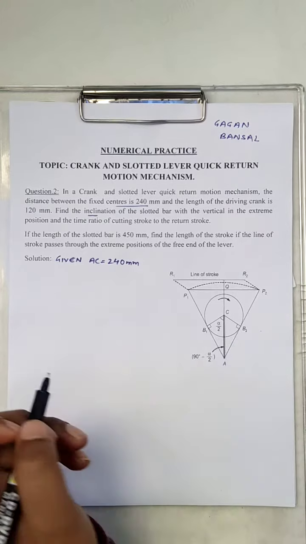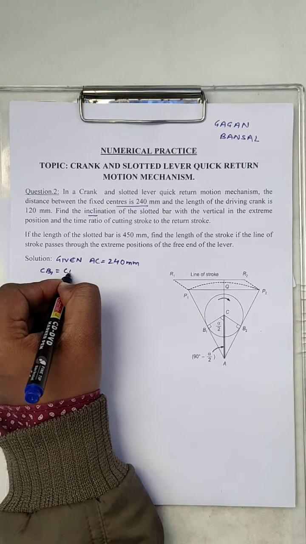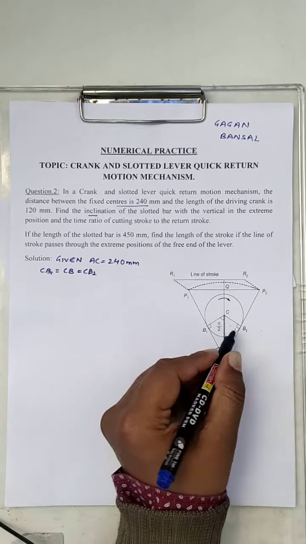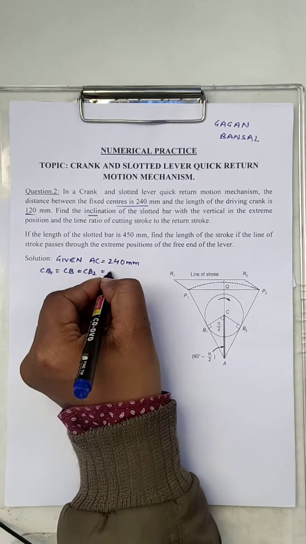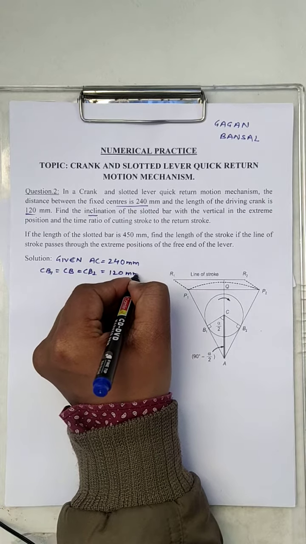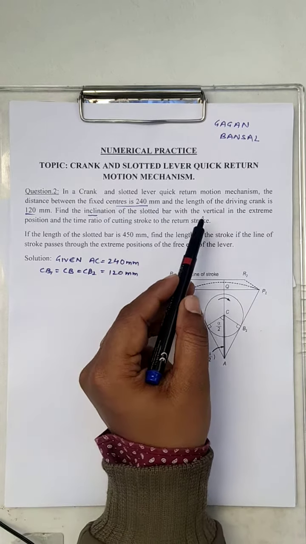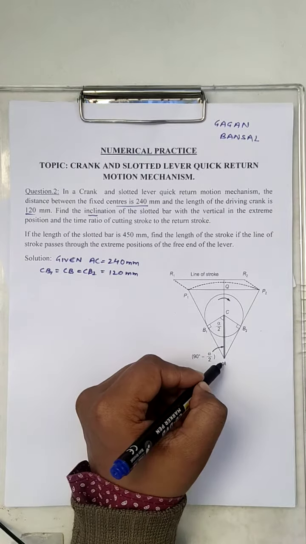The driving crank is this CB1. So CB1, which equals CB, which equals CB2, is 120 mm.